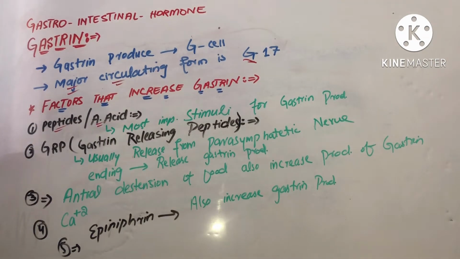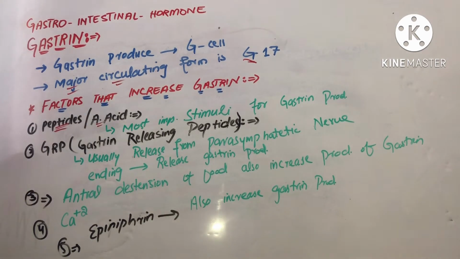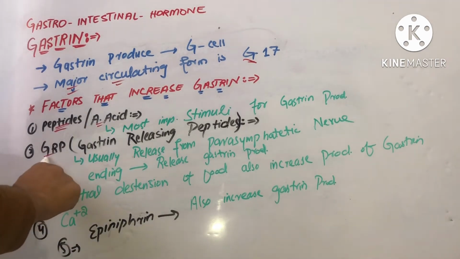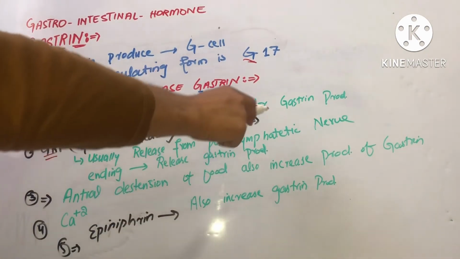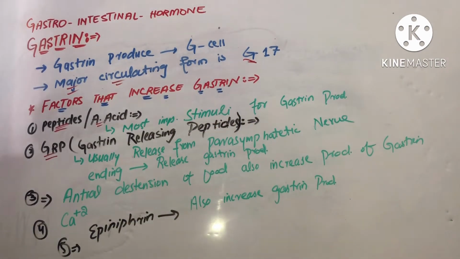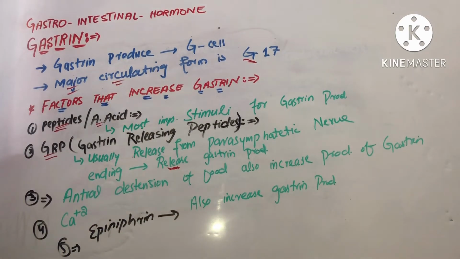The most important stimuli for gastrin production are peptides or amino acids. Number second is GRP, gastrin releasing peptide. Usually they are released from the parasympathetic vagal nerve endings, and they also increase gastrin production.